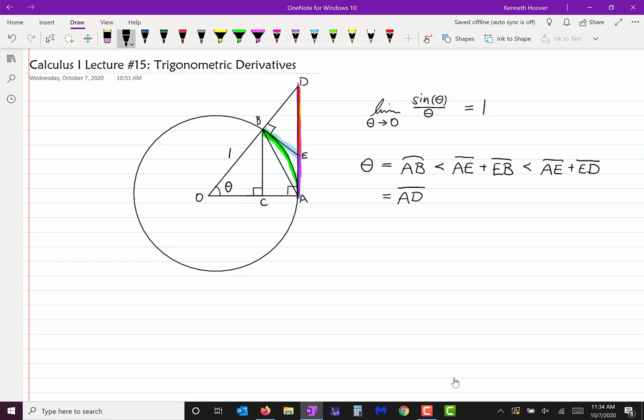So that has a length of 1. Okay? And look where angle theta is. And you know that in a right triangle, where theta is one of the acute angles, the tangent of theta equals opposite over adjacent.